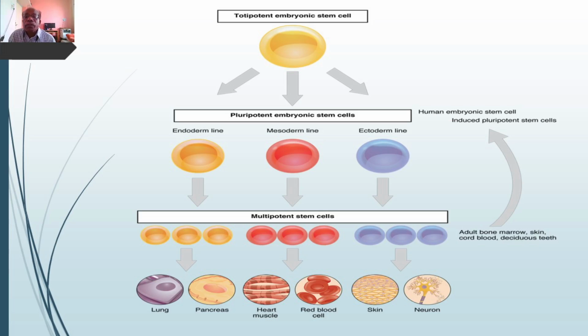So the chart shows on the right side the adult bone marrow, skin, cord blood, or deciduous teeth. These are some structures which have either multipotent or pluripotent stem cells and which have the capacity to get transformed into human embryonic stem cells or induced pluripotent stem cells.